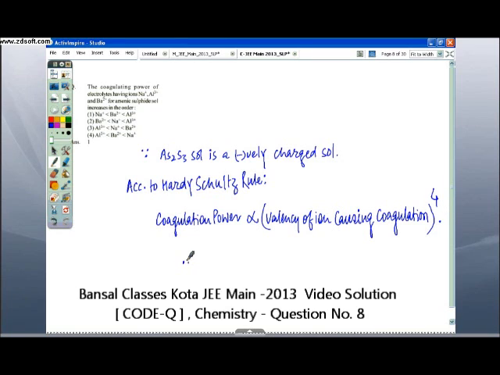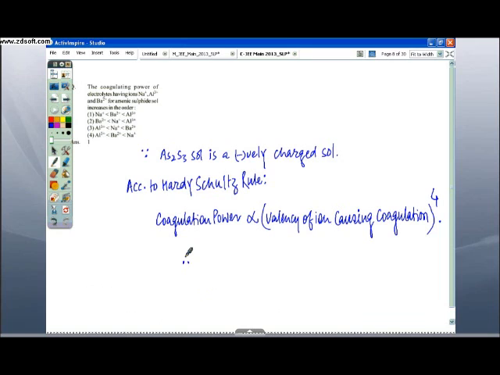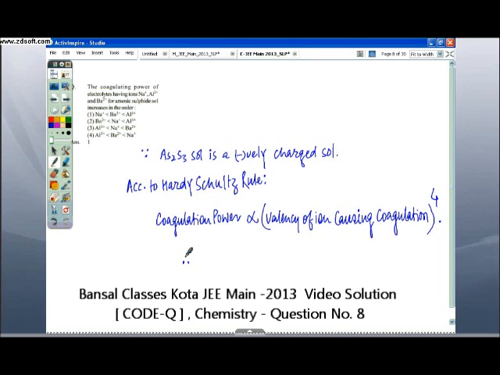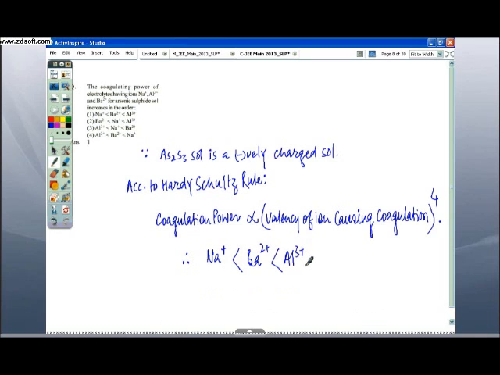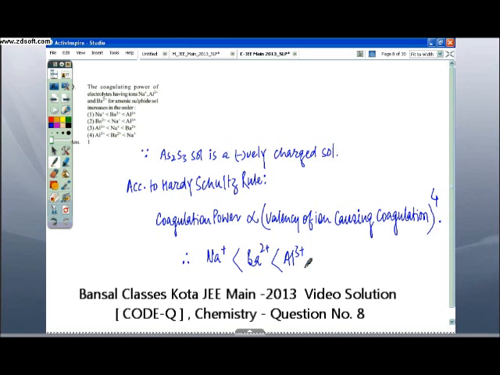Therefore, Al3+ has highest coagulation power and Na+ has lowest coagulation power. So order is Na+, Ba2+ and Al3+. So first is the right answer.